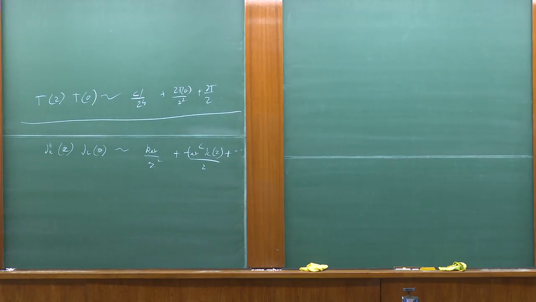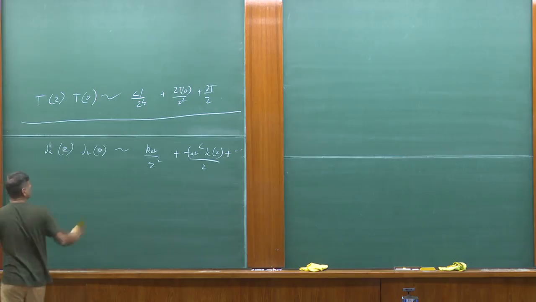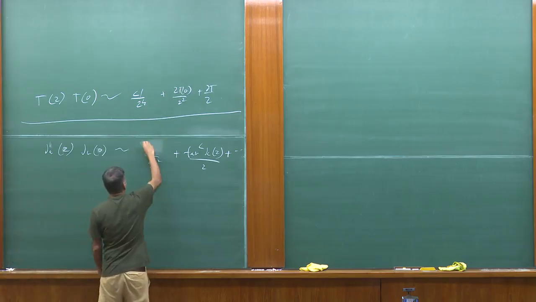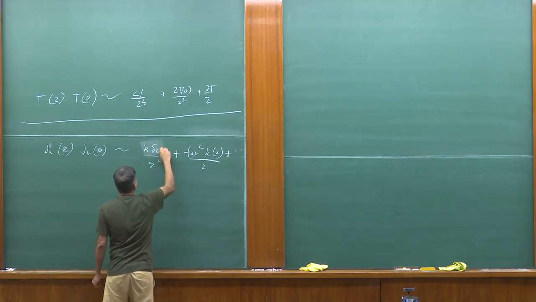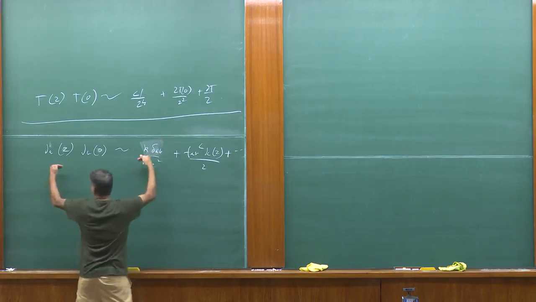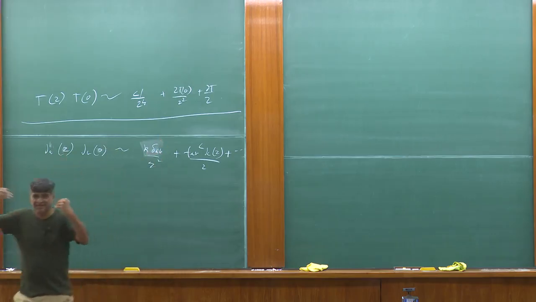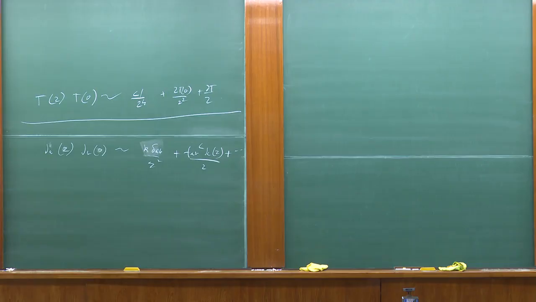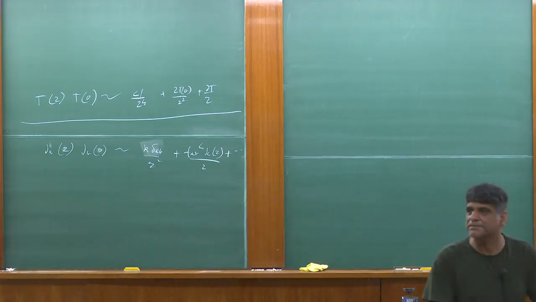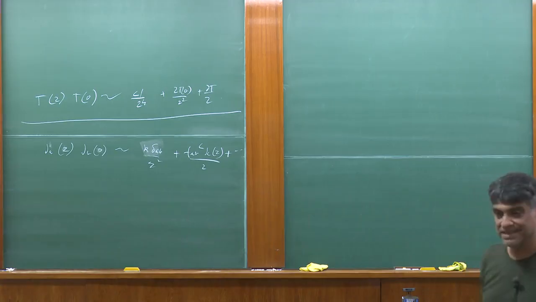So we've got K times delta^{AB}. The absolute normalization of these currents we've not yet determined, and that will come in a bit. We've got K times delta^{AB} and f^{ABC}.